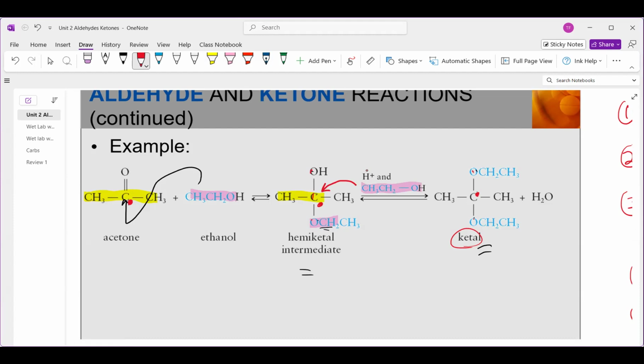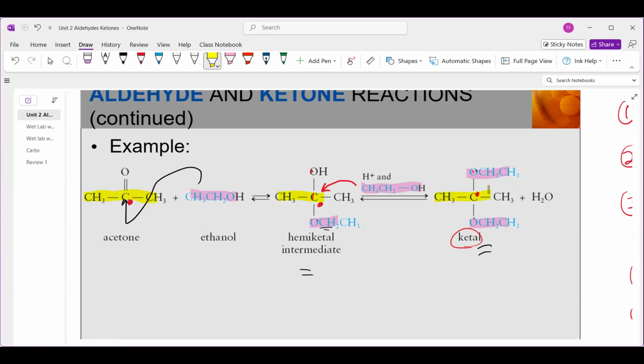So we end up with two secondary backbones and a primary backbone. And this is a ketone.